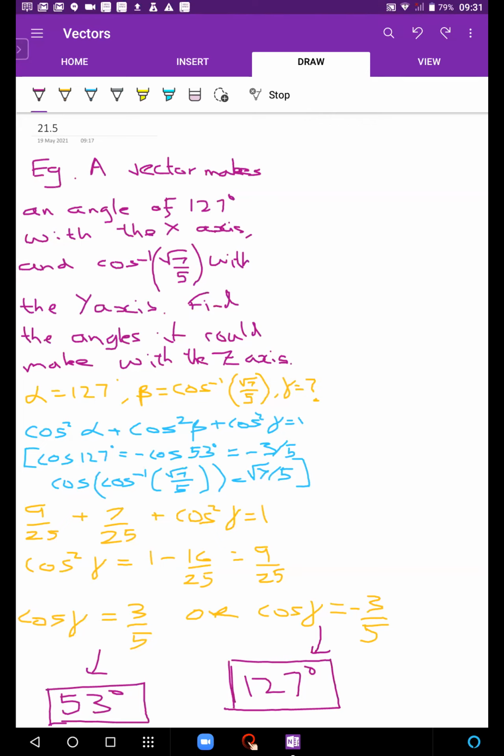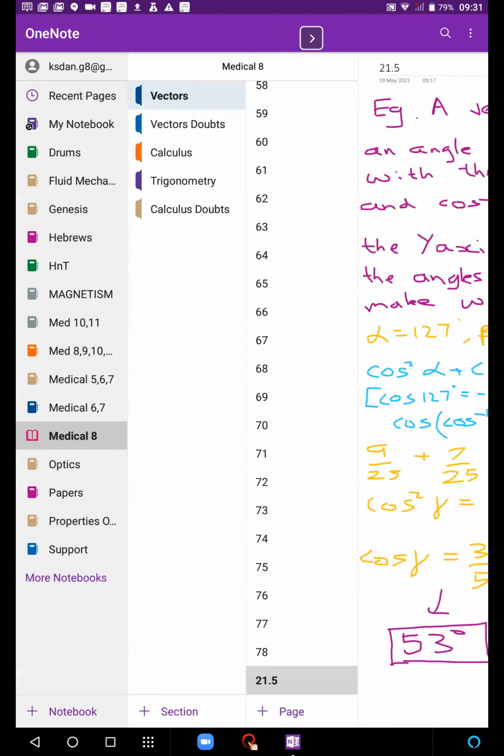Any doubts, please ask. Did you understand? I would say I'll give you sums tomorrow, then you can solve on both of them and we can discuss that on Tuesday.